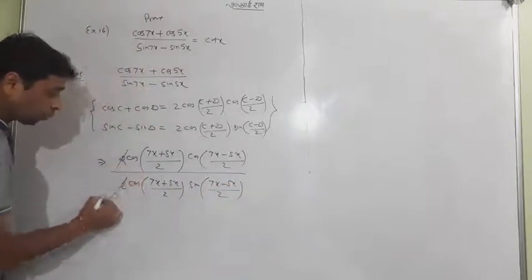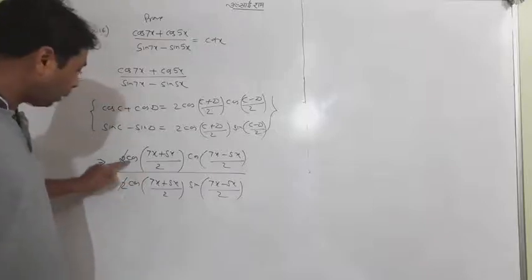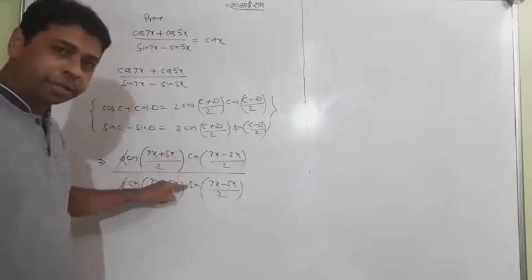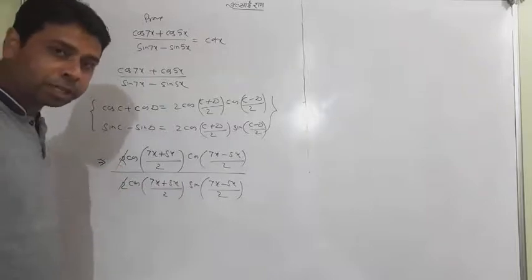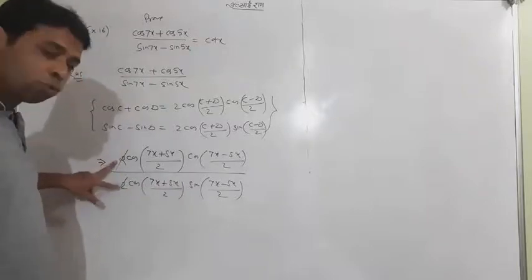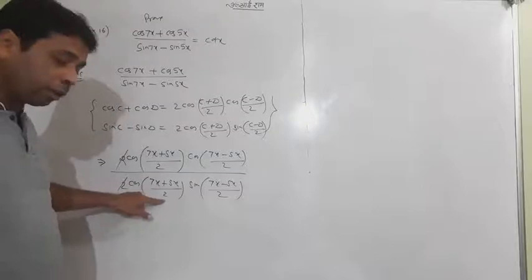Now this 2 can cancel because all terms are in multiplication, and this is not the angle part, this is the outside value. This 2 and this 2 cannot cancel.